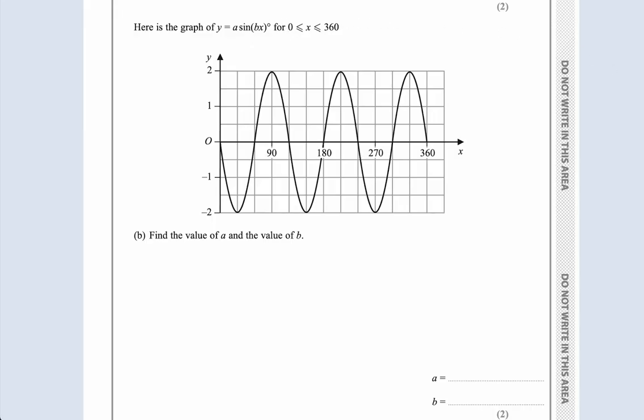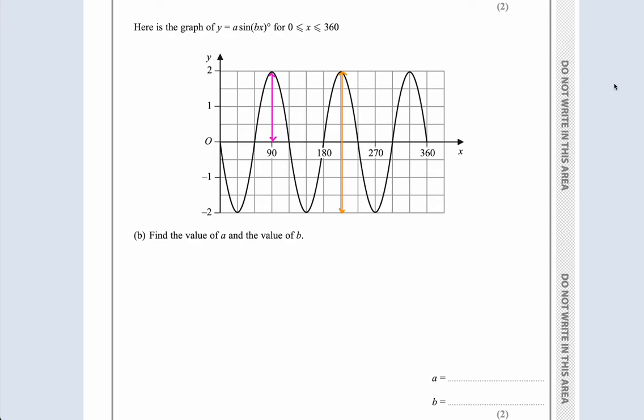It's how high this goes up from 0. Or maybe a better way of putting it is half the distance from the top to the bottom. It is half that distance. So that distance is 4, so the amplitude is 2.